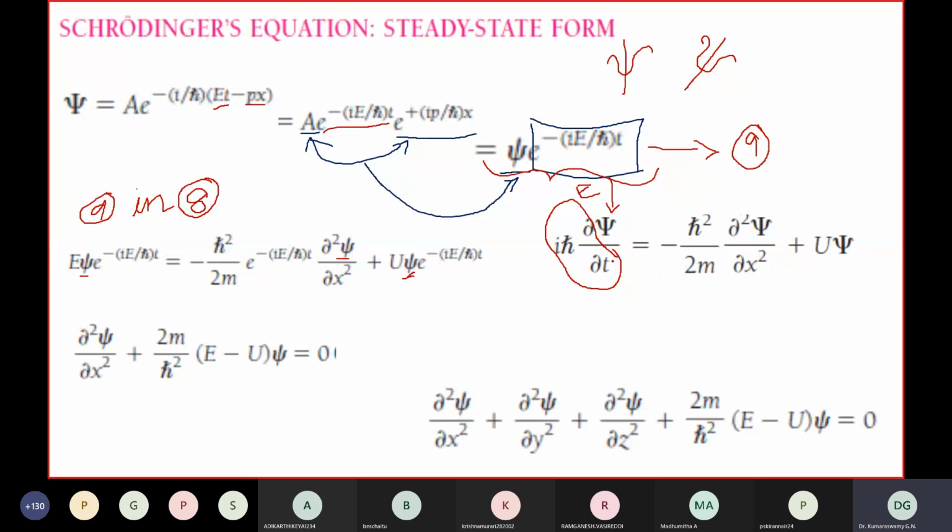This clear? You got it? Did you get this step? Means we have to differentiate it, na, sir? Which one? The ninth one substituted in eighth one. Wait.